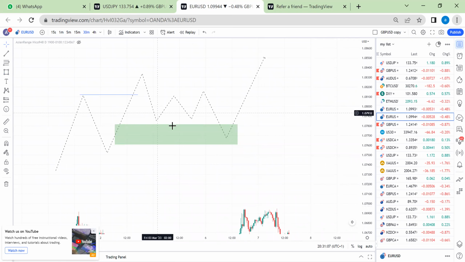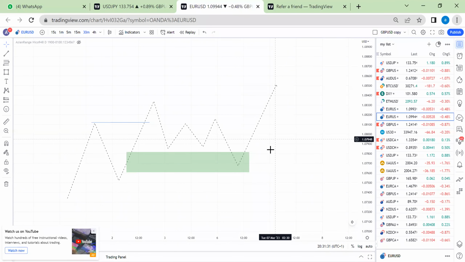It can be equal lows, it can be trend line liquidity, it can be order block, it can be buy side or sell side liquidity. Okay, I hope this is clear.